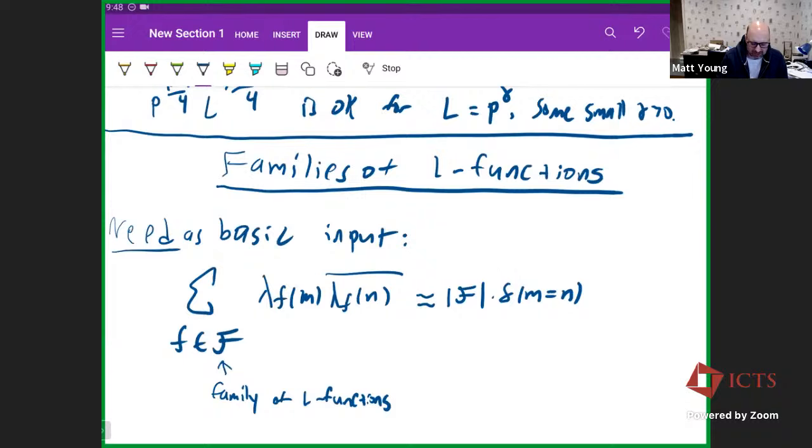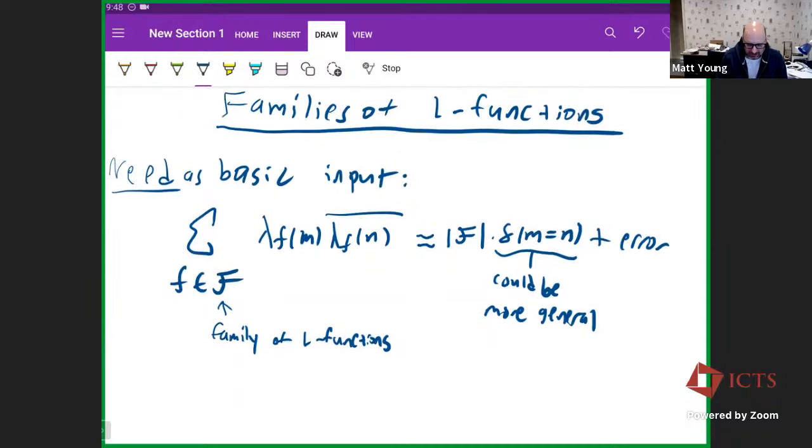Although it's not always this, there could be a more general delta function here. But often it's the delta function that m is equal to n plus some kind of error term. And this is good as the size of the family goes off to infinity for m and n fixed.